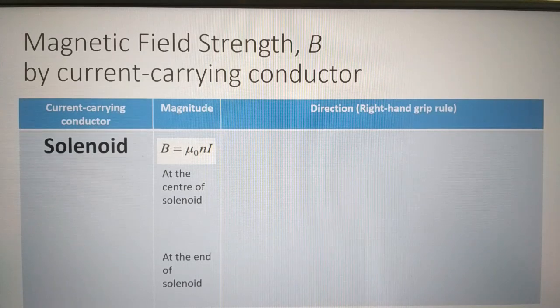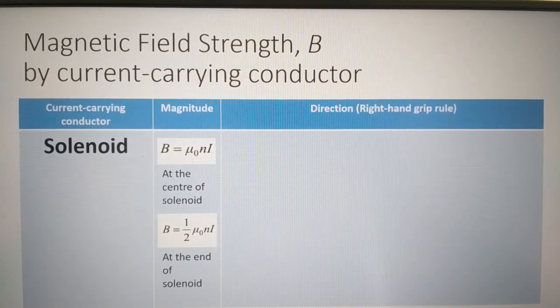But at the end of the solenoid, the magnetic field strength decreases to half of that at the center. So the magnetic field strength becomes half mu naught n I. Please remember this. It might come out in the exam paper 1.